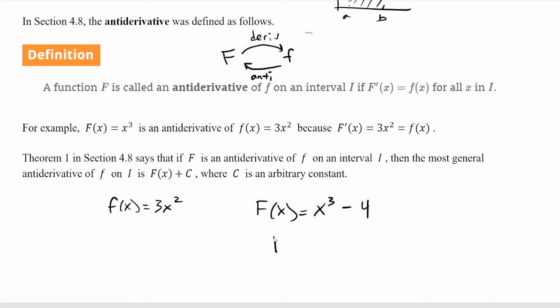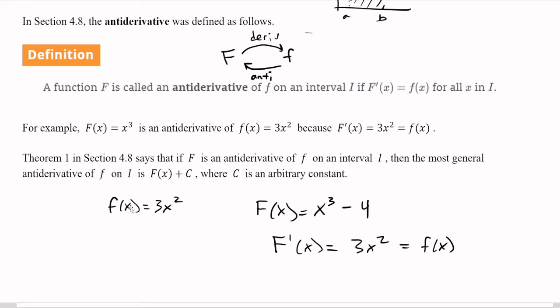The derivative, big F prime, is 3x squared, and the derivative of a constant is 0, so I'm just done, and that's our little f. So yep, it fits perfectly. In general, when I take the antiderivative, I don't just get one function, I get a ton of functions. And we label that with a plus c, where c is any constant you want. Could be 0, could be 1/2, could be pi, could be negative 1,000, anything you want.